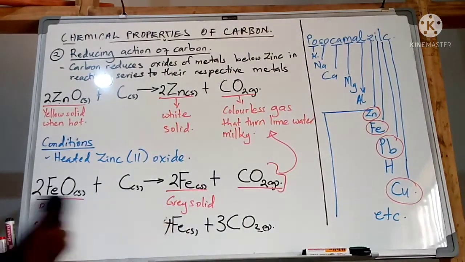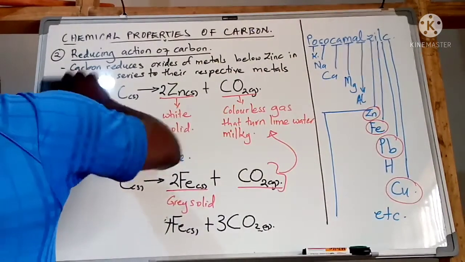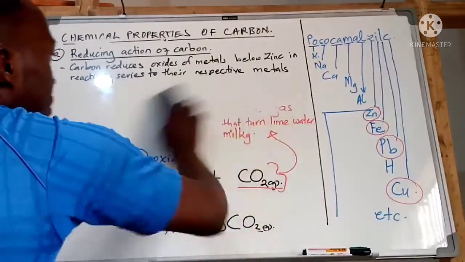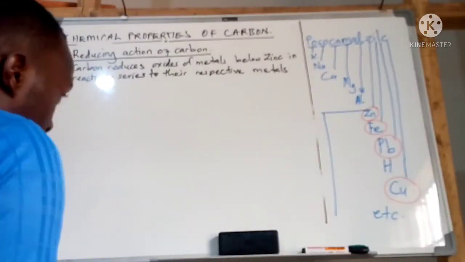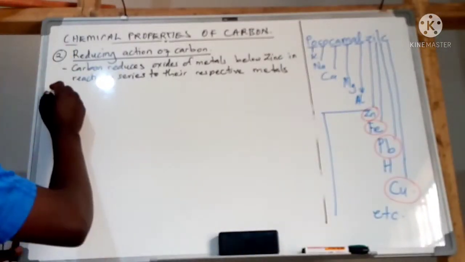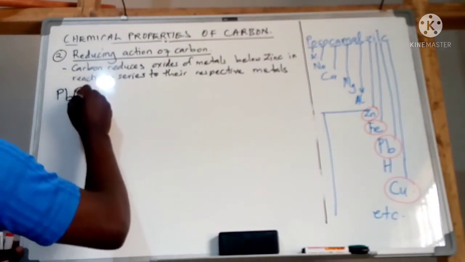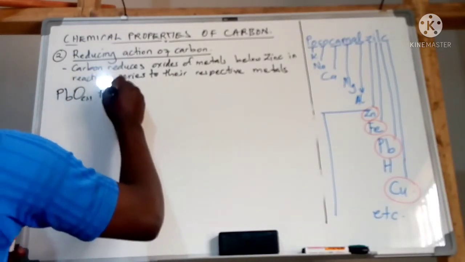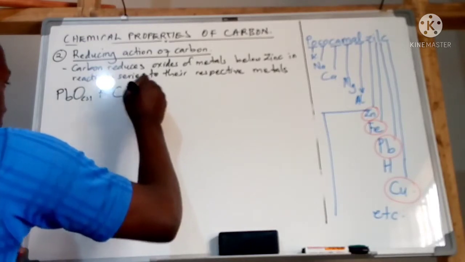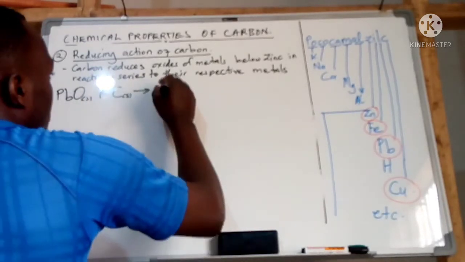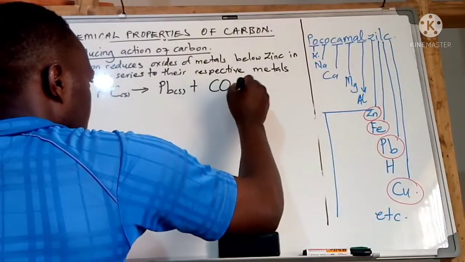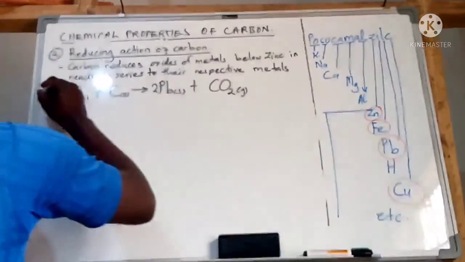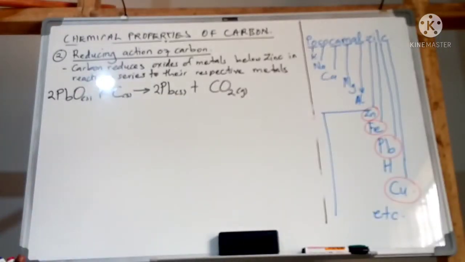When we continue with other equations under the same property, lead oxide, which is a solid, will be reduced by carbon, such that we form lead plus carbon dioxide, which is a gas, and we balance our equation in that form.